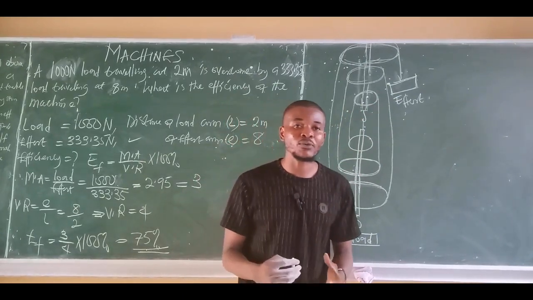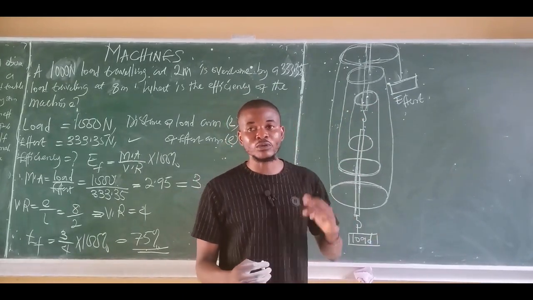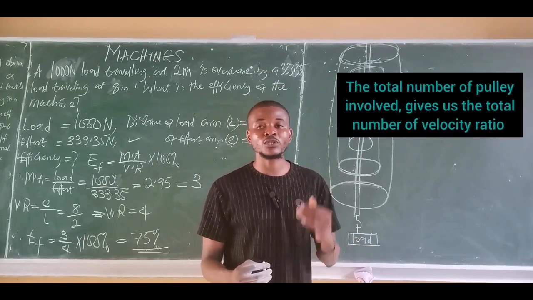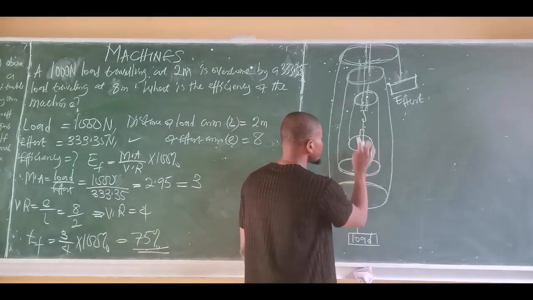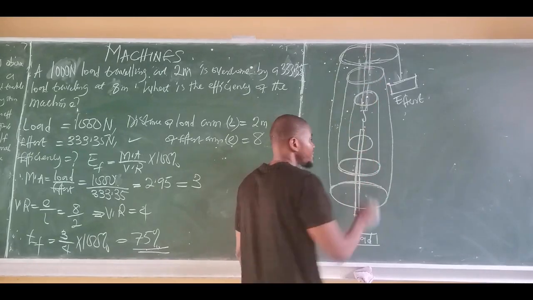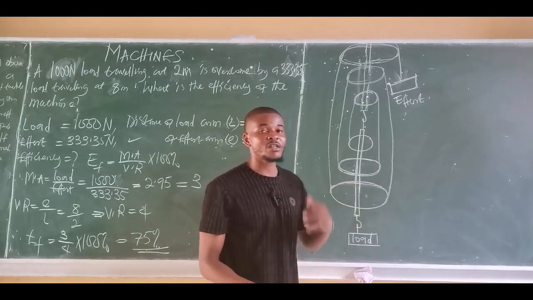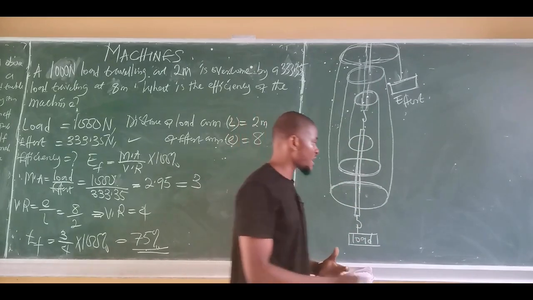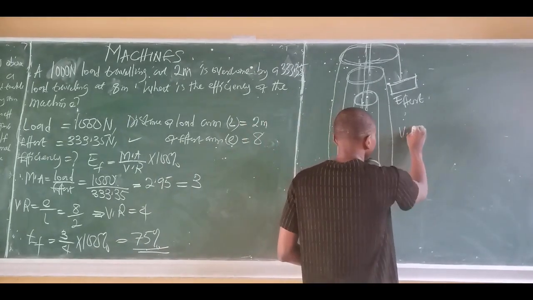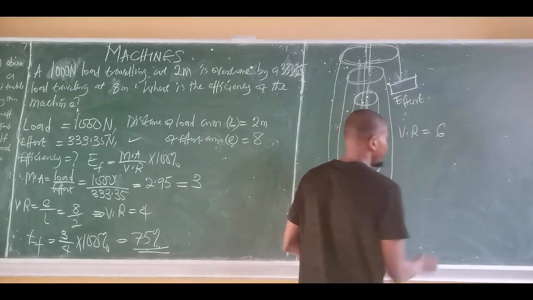Now, the idea behind the pulley is just the pulley itself. The total number of pulleys involved gives us the velocity ratio. For instance, in this case, I have 1, 2, 3, 4, 5, 6 pulleys. So these circles actually represent what is called the pulley system. Now, these 6 pulleys simply mean that our velocity ratio, V.R., is equal to 6.